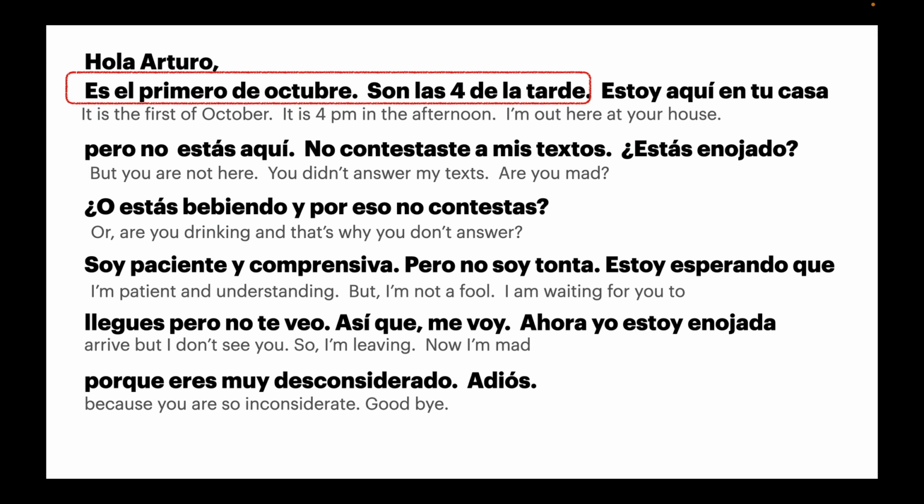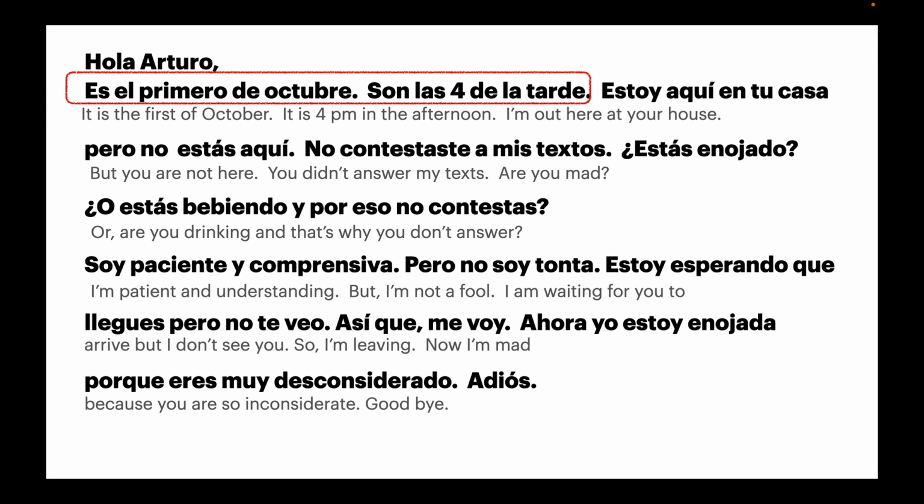Hola, Arturo. Es una nota. This is a note that somebody left, a person. Es el 1 de octubre. Son las 4 de la tarde. Estoy aquí en tu casa, pero no estás aquí. No contestaste a mis textos. ¿Estás enojado? ¿O estás bebiendo y por eso no contestas?